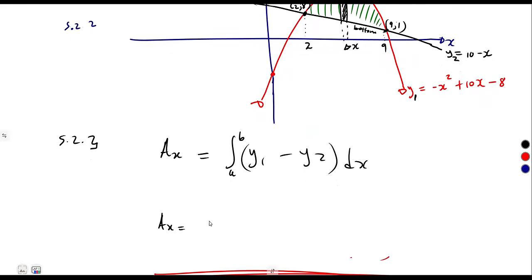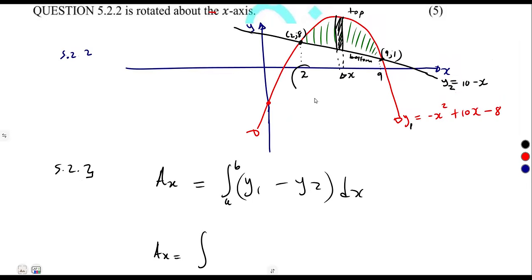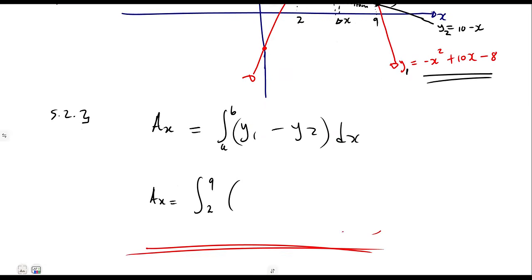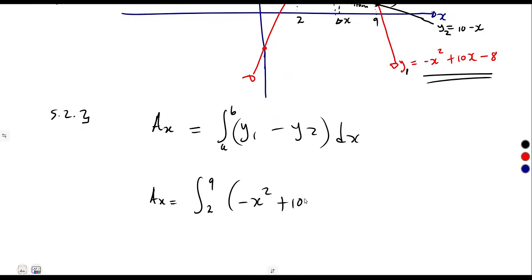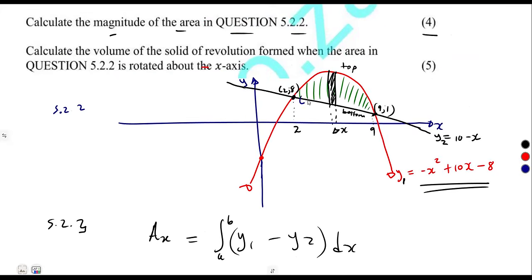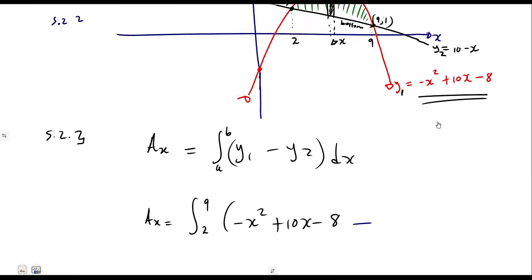So our area is going to have the limits, the strip for x from 2 to 9. Then you're going to take y1, the one on top on that bounded curve, the quadratic minus x squared plus 10x minus 8. Then we subtract y2, the one below, the linear function 10 minus x.